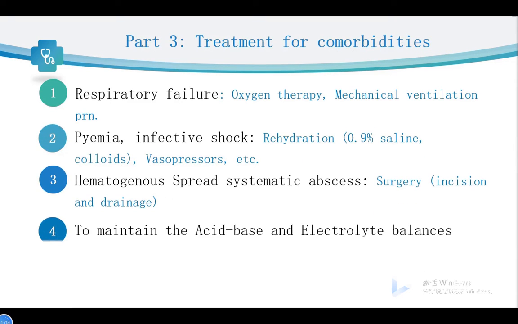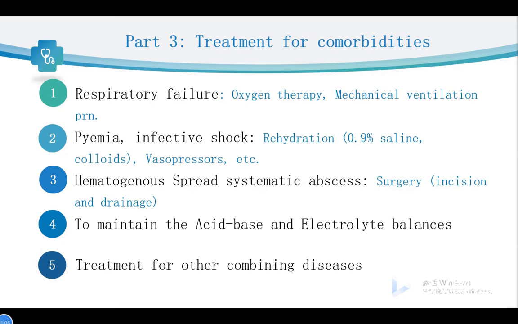Part 3, treatment for the comorbidities. For example, if a patient with severe pneumonia is combined with infective shock, rapid rehydration and vasopressors are necessary for this patient.